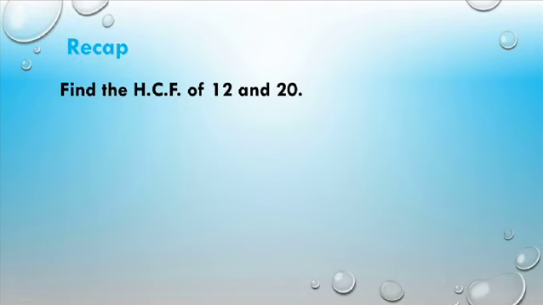HCF, as you already know, is the highest common factor. Let us have a look at the first example. Find the HCF of 12 and 20.